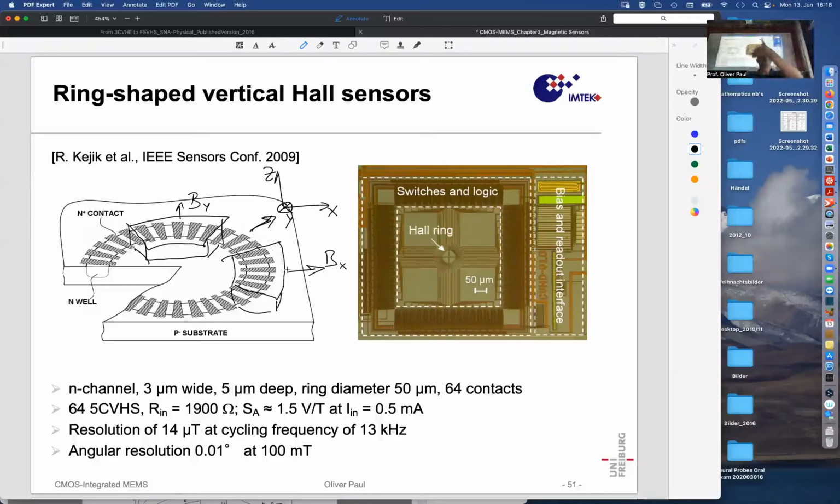So when you rotate, and the magnetic field is in one direction, you get some kind of a 2π periodic response, a sinusoidal or cosinusoidal response. And from the amplitude of that cosinusoidal response, you obtain the magnitude of the B field and its direction.